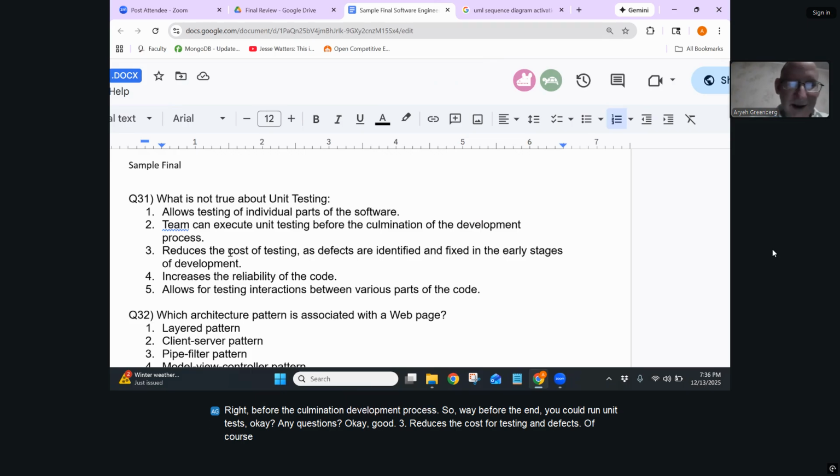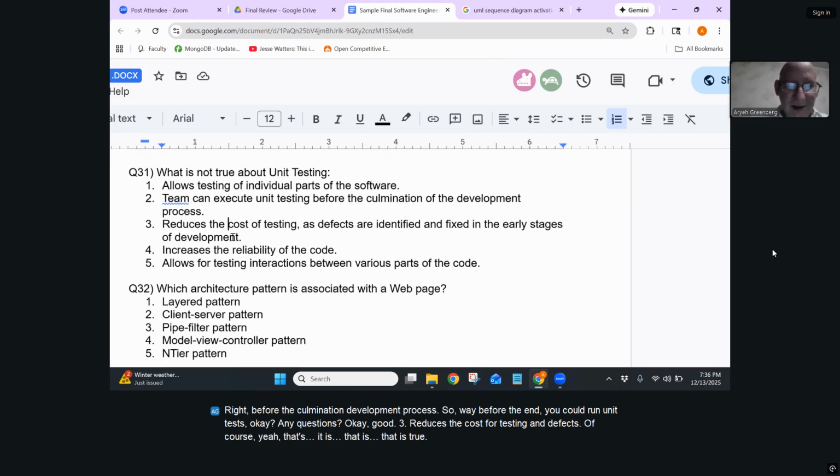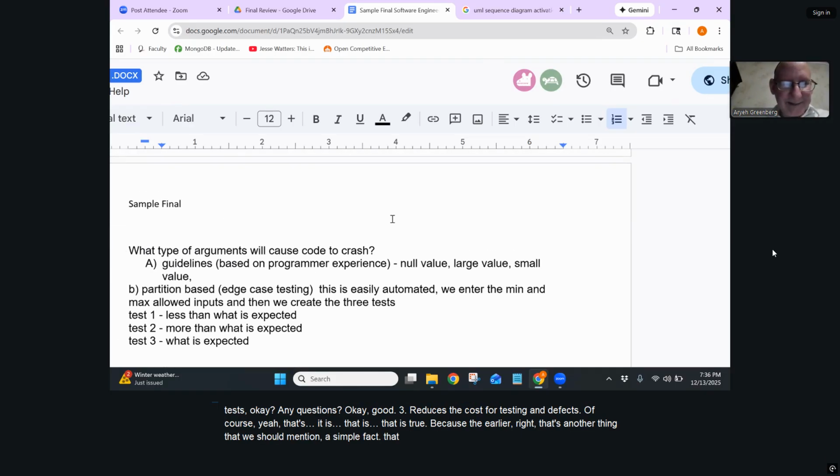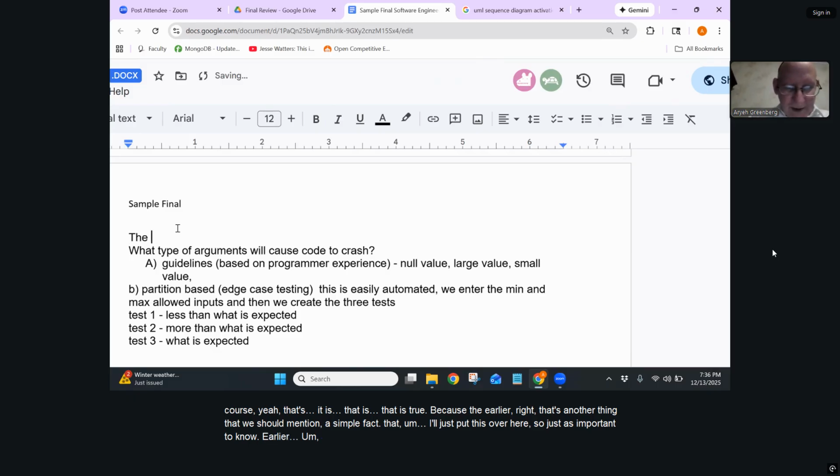Of course, yeah, that is true. Because earlier, that's another thing that we should mention, a simple fact: the earlier a bug is found, the cheaper it is to fix, right?